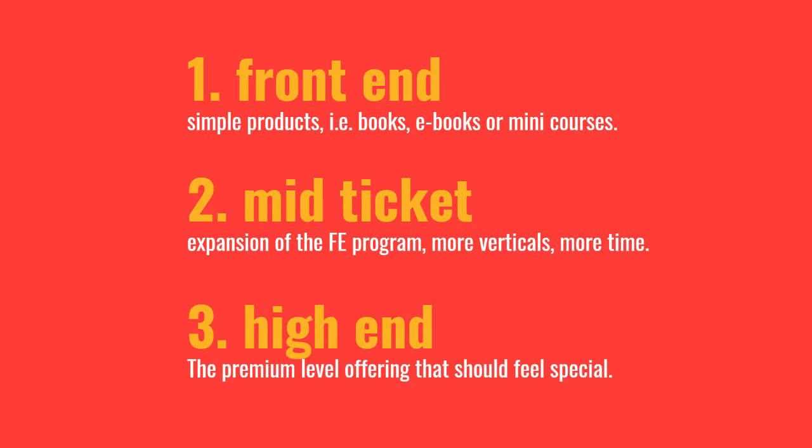And then number 3 is high end. Now, this is essentially where we talk about the premium level offering that your business has to offer on that subject matter. It doesn't have to be the complete of everything, but it can be a really in-depth strategy for a particular matter that you've talked about in product 1 and product 2.